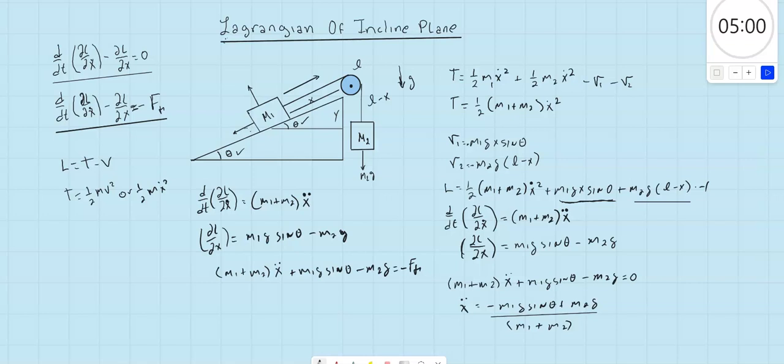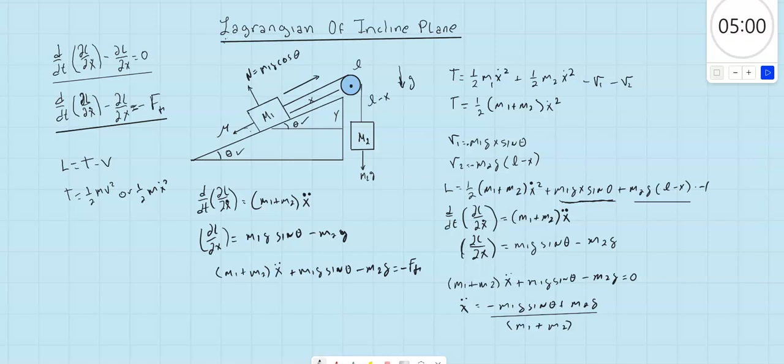Where's the force of friction? Remember, the normal force is here, and the normal force is m1 g cosine theta, and friction is mu times that.